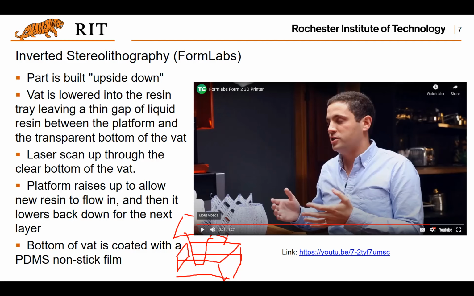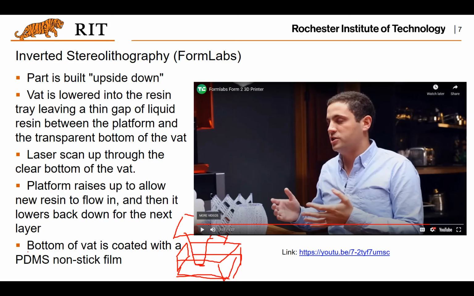And basically here, when the light cures the layer at the bottom of the tank, the layer will stick to the bottom of the tank as well. Although it may not be that strong a bonding between the layer and the bottom of the tank, you still want to cut it off using a blade to separate them.